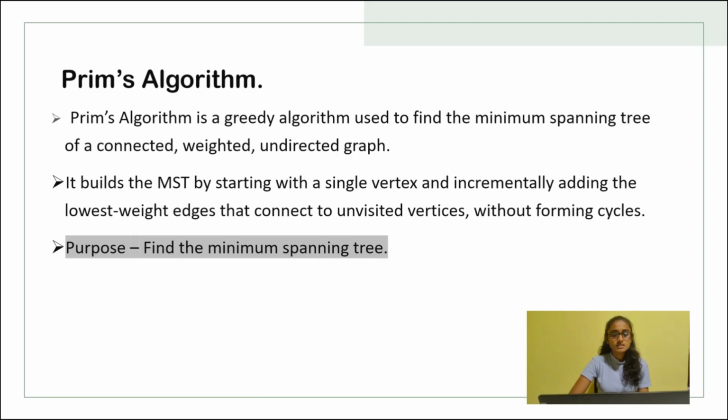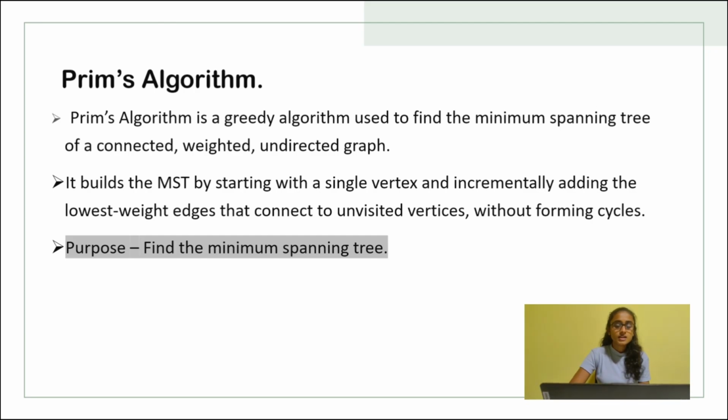It continues until all vertices are included in the tree. The main purpose of Prim's algorithm is to find the minimum spanning tree and connect all vertices using minimum total weight.